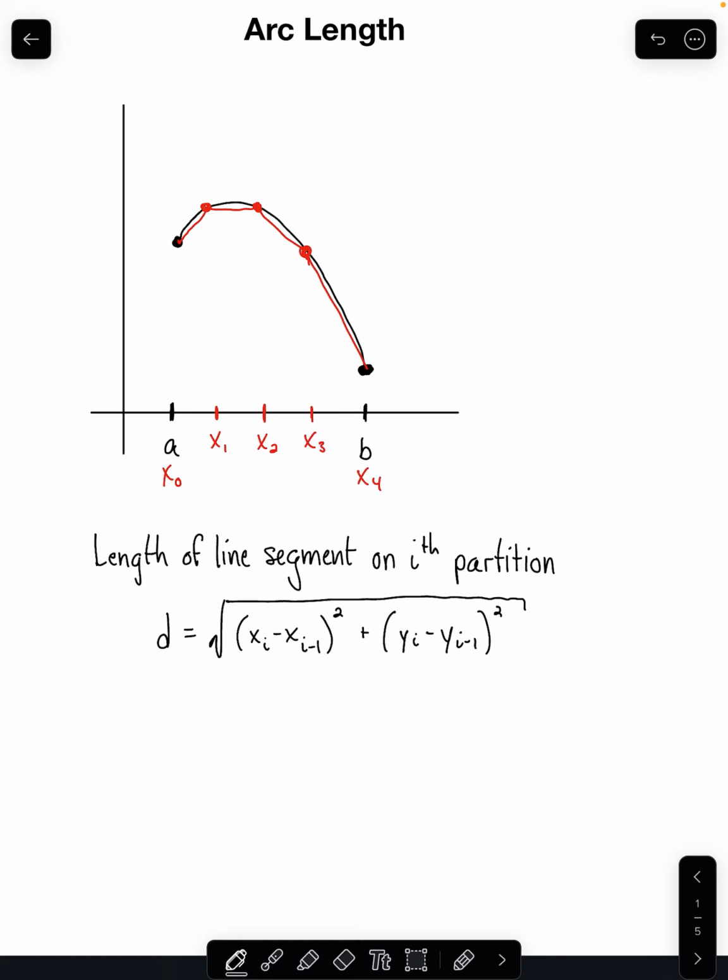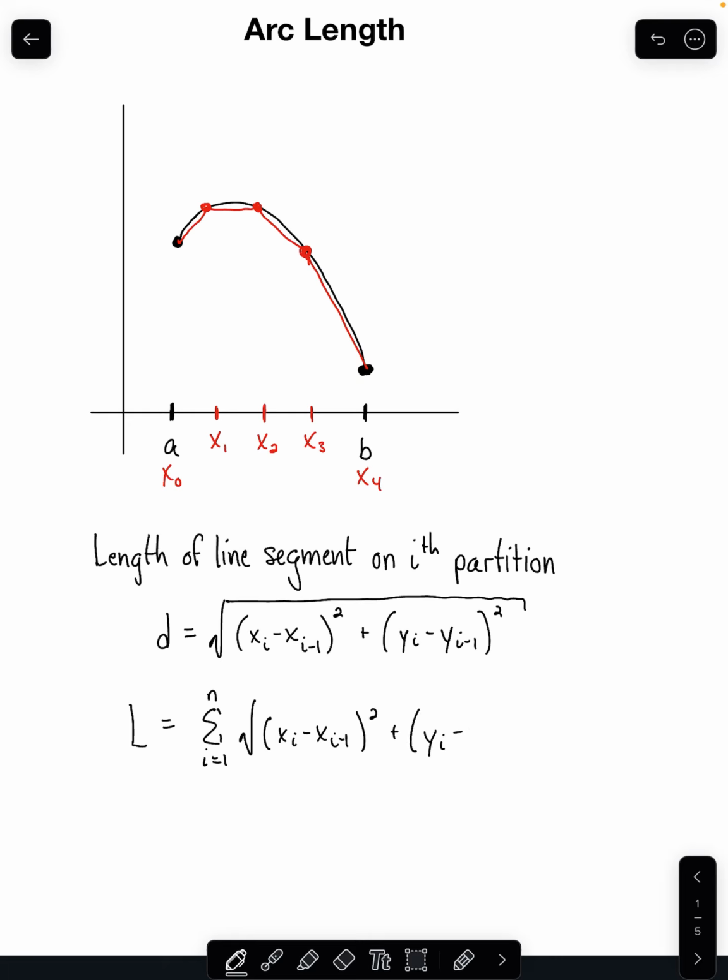Thus, the length of the line segment would be the summation from 1 to n of each of these distances, each of the lengths of each of these line segments.